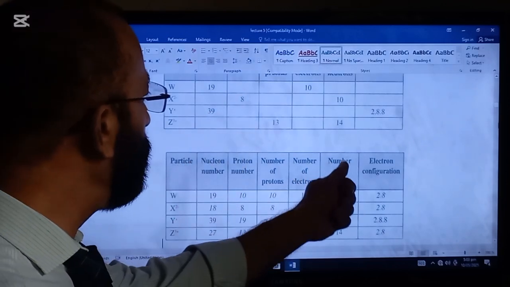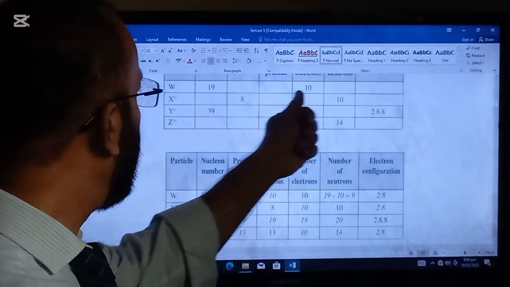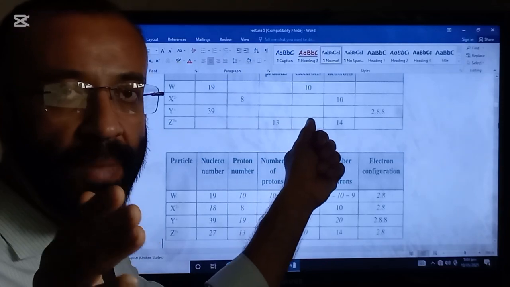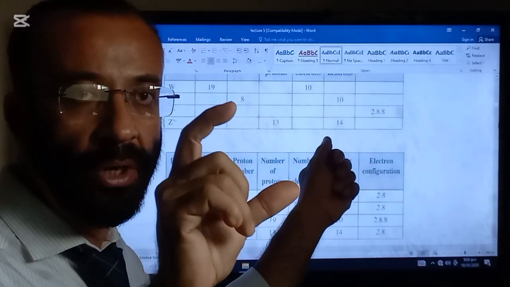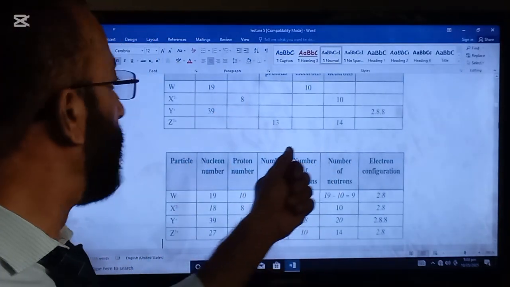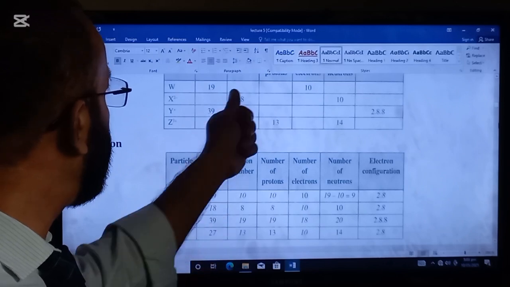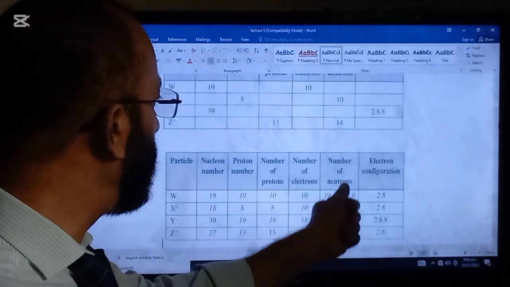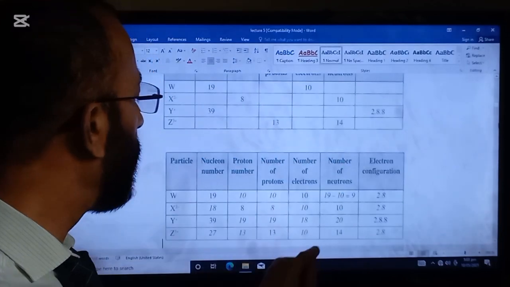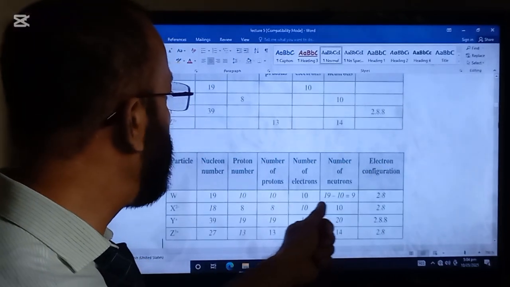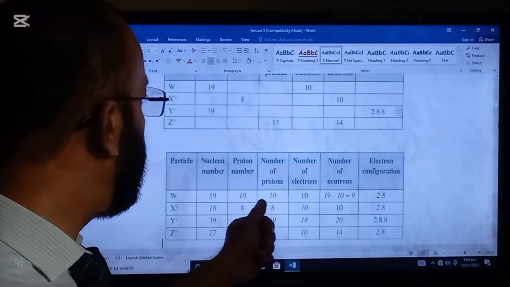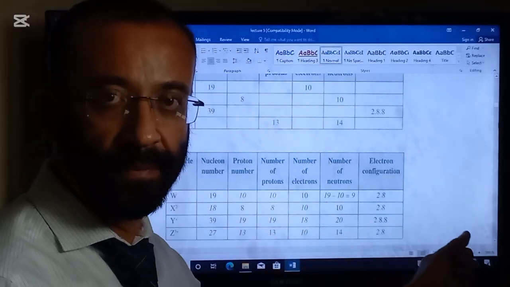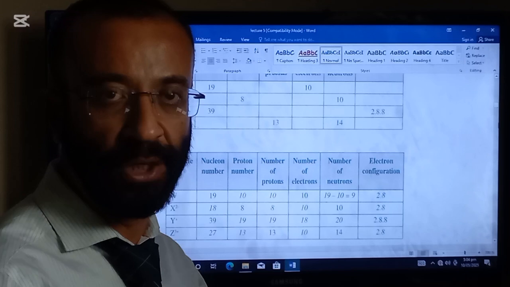And now the number of neutrons is missing, and the number of neutrons can be found by the formula nucleon number minus proton number, so 19 minus 10 will be equal to 9. That is the number of neutrons. And electron configuration will be, because 10 electrons are there, 2,8.